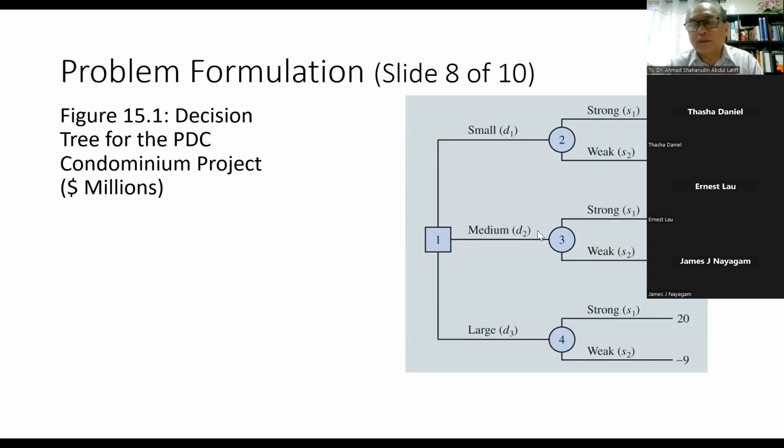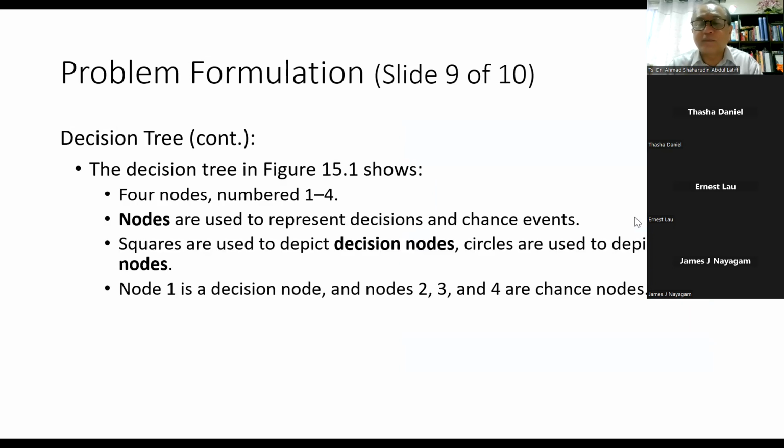Medium, 60 condominiums: strong demand 14 million, weak demand 5 million. The large project, 90 condominiums: strong demand 20, weak demand a loss of 9 million. This is the decision tree, and if we are required to develop one, this is it.